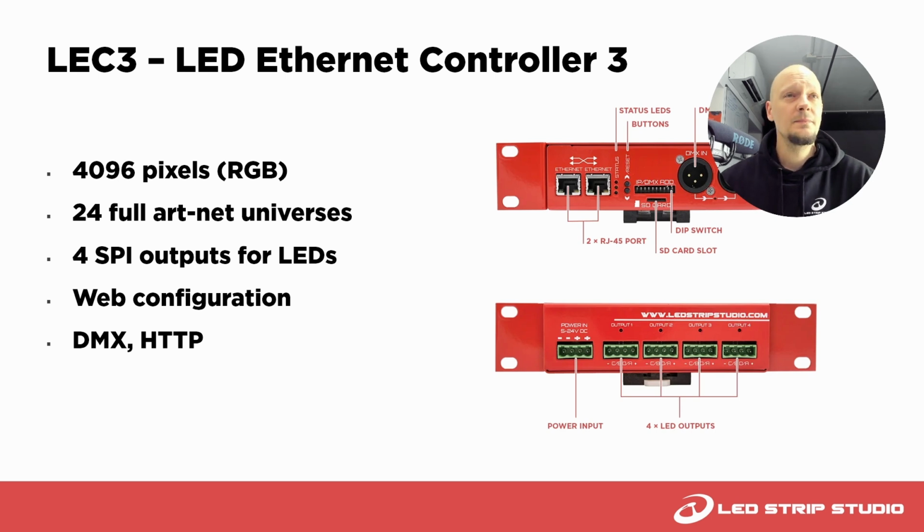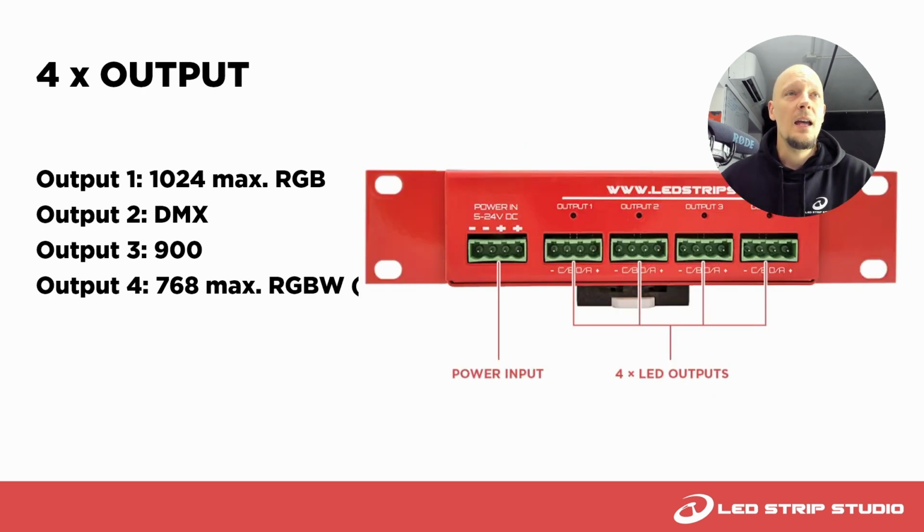As I mentioned, the device has 4 outputs, and you can decide how you will use them. For example, the first output you can use for a 3-channel strip, that is an RGB strip.